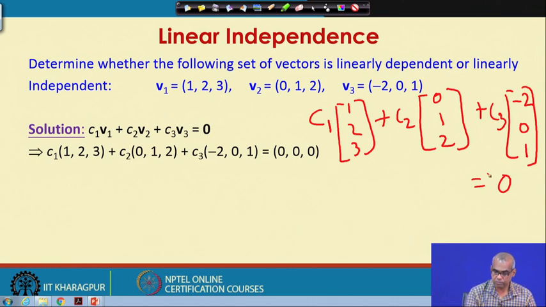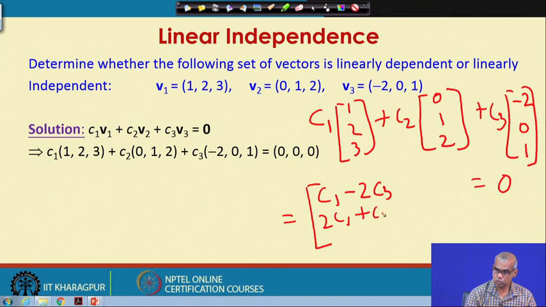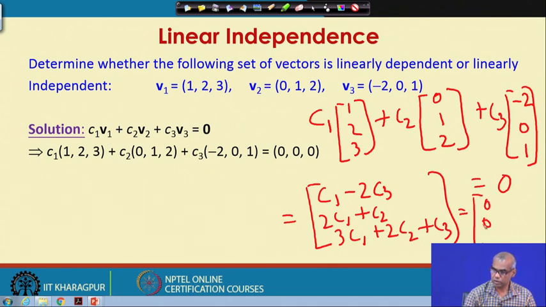Doing the sum, we get (C1 plus 0 minus 2 C3, 2 C1 plus C2 plus 0, 3 C1 plus 2 C2 plus C3) equal to (0, 0, 0).